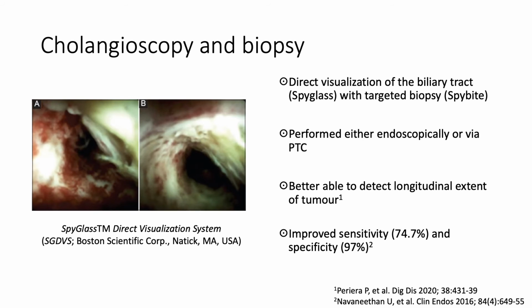I think in the last 5 years or so, cholangioscopy and biopsy has made a further advance. Direct visualization of the biliary tree using SpyGlass or SpyBite biopsy forceps is performed by either PTC or ERCP. You're better able to detect the longitudinal extent of the tumour, and it has recently been shown to have improved sensitivity and specificity over cholangiography.